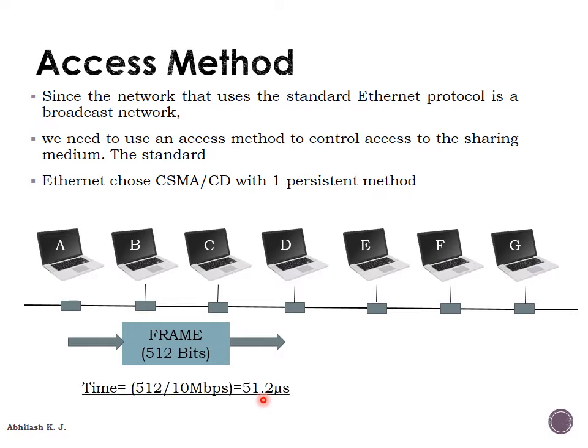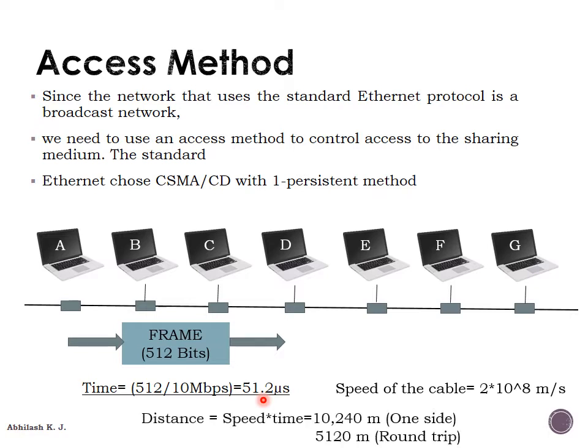If we consider the speed of the cable as 2 x 10^8 meters per second, the first bit from station A covers a distance of 10,240 meters one side.